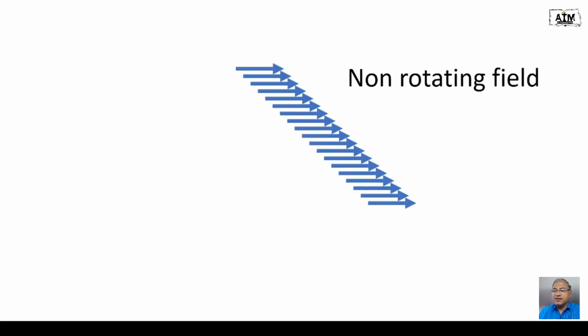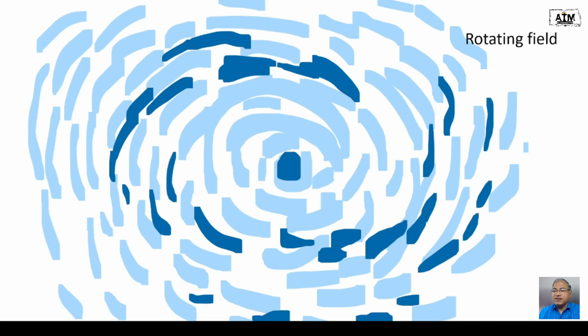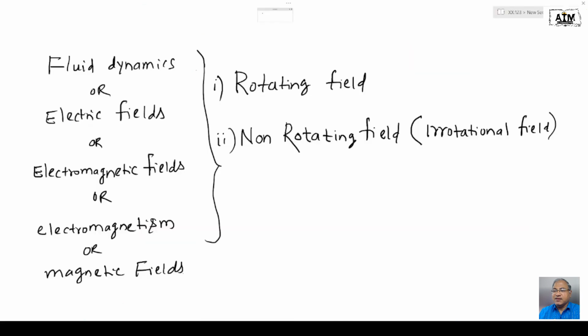It is a field, but it is non-rotating. And this is a rotating field. So a vector field can be a rotating field or a non-rotating field. How to decide whether a given field is rotating or not?